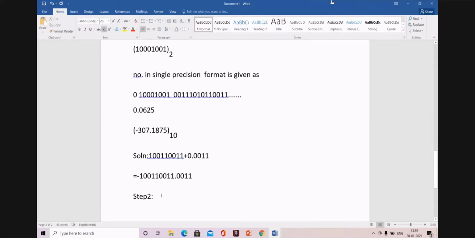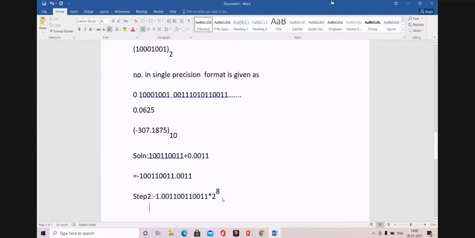When we normalize minus 100110011.0011, we get minus 1.001100110011 times 2 to the power of how many points we have shifted: 8. So the base is 2 and the exponent is 8. Now we will see the representation of the number in single precision.